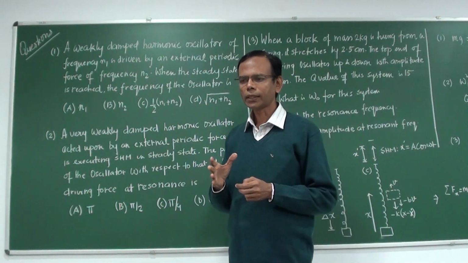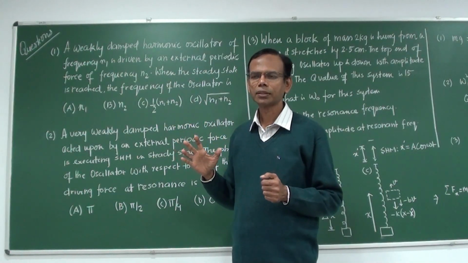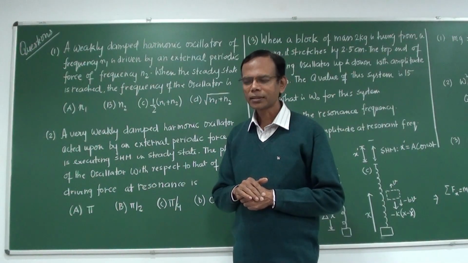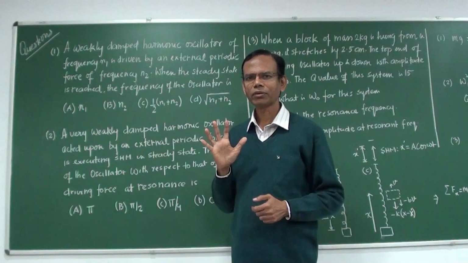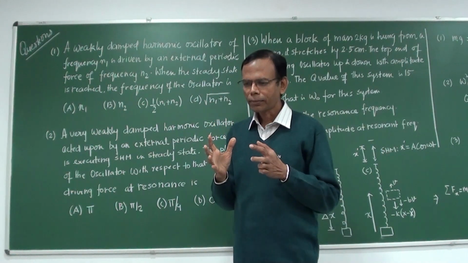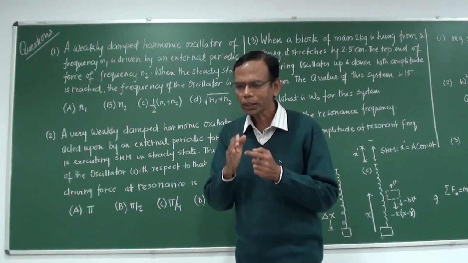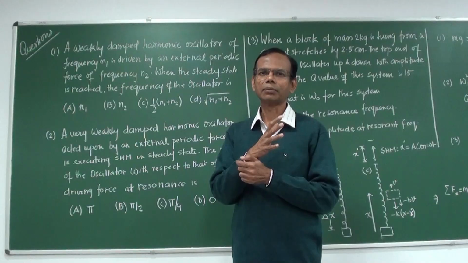There also, if omega d is large, that means driving frequency is very large, the A is very less. The reason is that it is oscillating so fast that the oscillator is unable to pick up. The moment it takes up the amplitude, again the other side it comes.